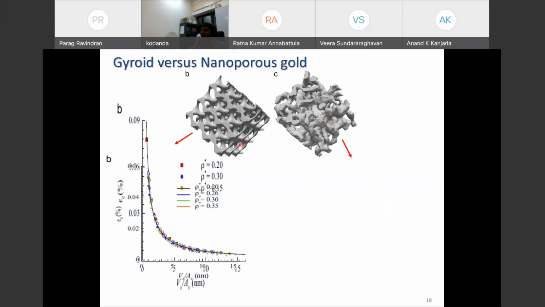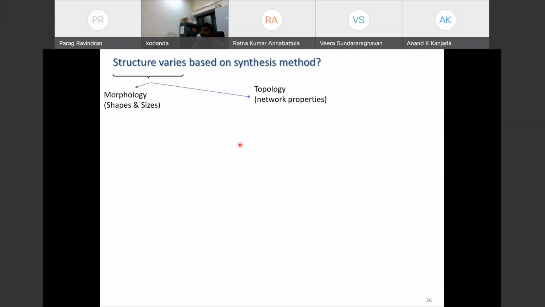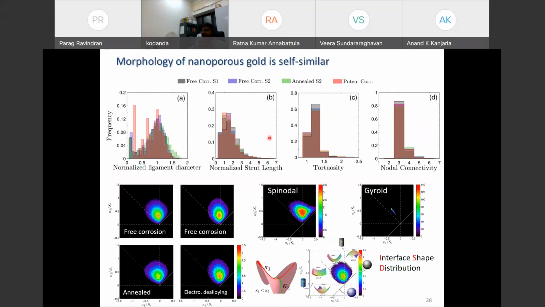And if you do structural analysis, for example, here I am showing how the curvature of these ligaments is varying from point to point. This is a probability distribution of the curvature, showing maximum principal curvature and minimal principal curvature at a given point on a surface.